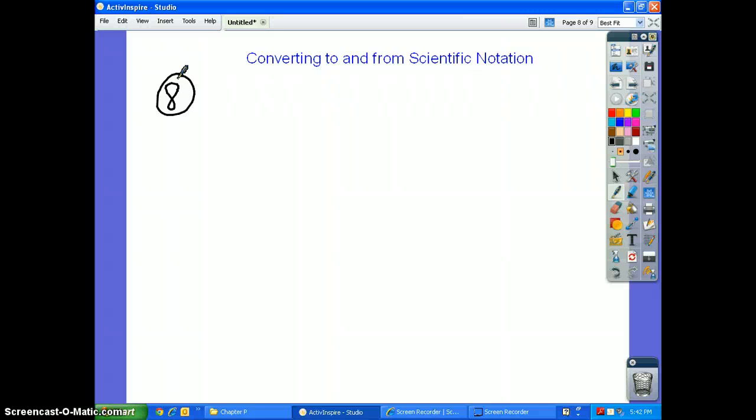It says the mean distance from Jupiter to the sun is about 483,900,000 miles. So your goal is to write this number in scientific notation.